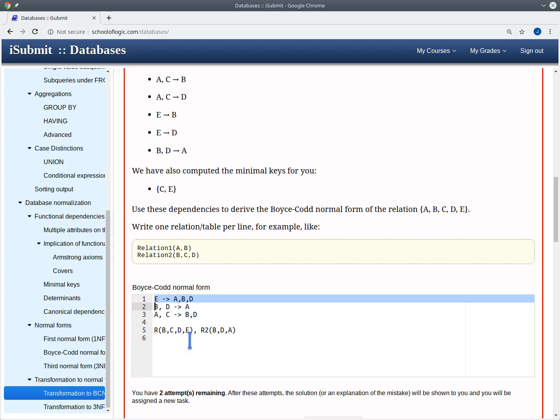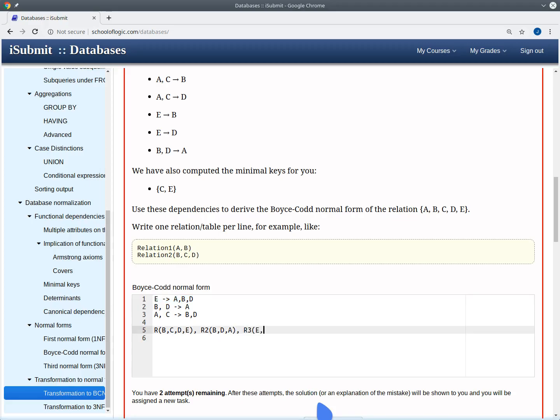The only question is, is it a key of this table? E uniquely determines A, B, and D, but it does not uniquely determine C, so it's not a key of this table. So this functional dependency violates normal form, and we need to split. So we create a new table, and now the question is, what attributes do we include in this new table?